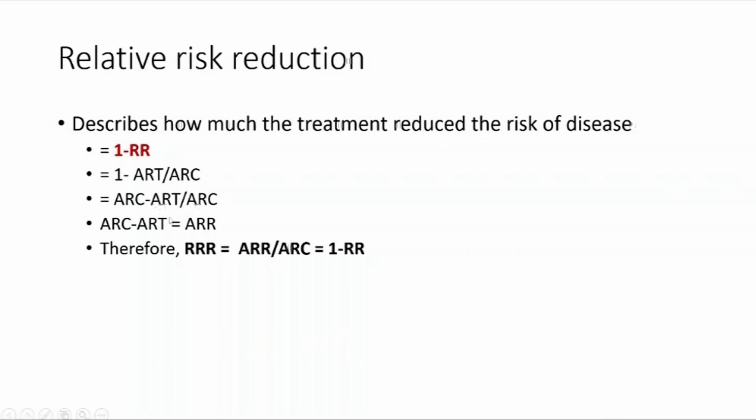I think you can sort this out instead of trying to explain it. At the end of the day, ARC minus ART is absolute risk reduction. Therefore, relative risk reduction is the same thing as 1 minus relative risk, which is the same thing as absolute risk reduction divided by absolute risk of the control group.